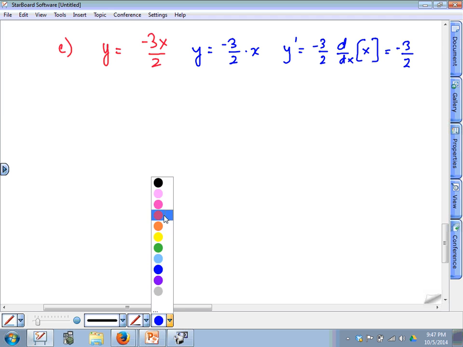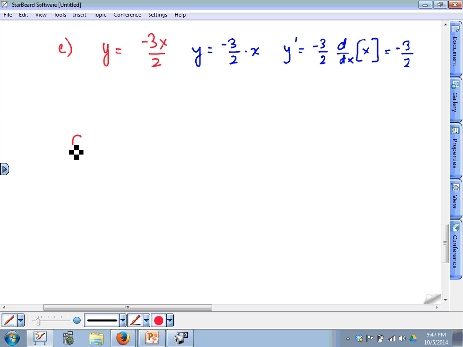Before we get into the next rules, the sum and difference rules, as you get more comfortable with this, quite often the power rule and the constant multiple rule are really thought to be combined as one rule.